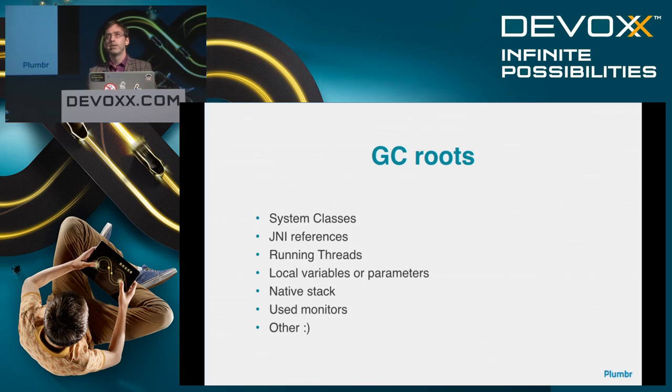We have running threads that are still alive and running, so the object representing a thread is considered to be reachable, it's a GC root. We have local variables and parameters. So whenever some method in your application is executing right now, all local variables from that method, which reside on the execution stack, and all input parameters for that method are considered to be alive.